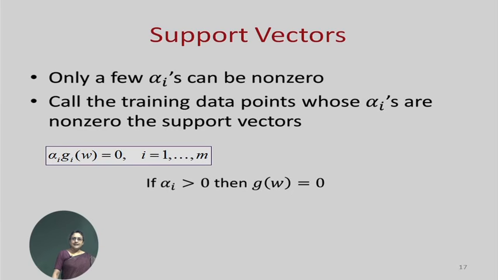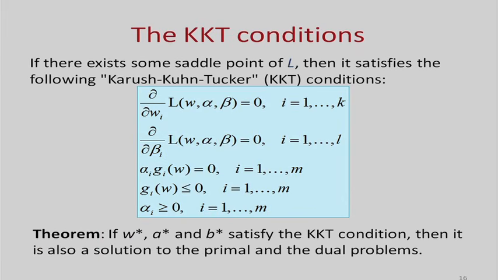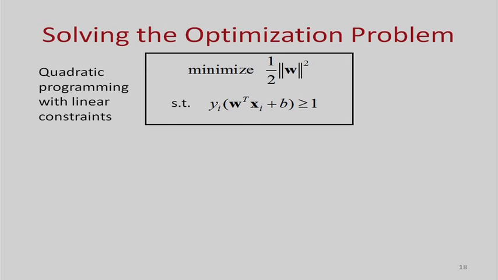The training data points whose alpha_i's are non-zero are called the support vectors, right. So, some of the alpha_i's are non-zero and the training data corresponding to these are support vectors. Alpha_i is greater than or equal to 0. If alpha_i is greater than 0, g_i(w) will be equal to 0.